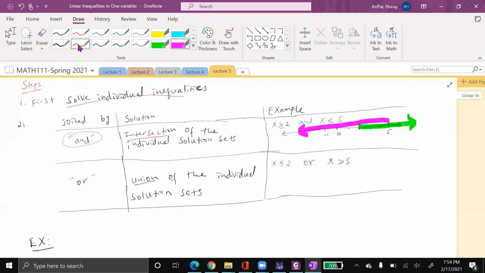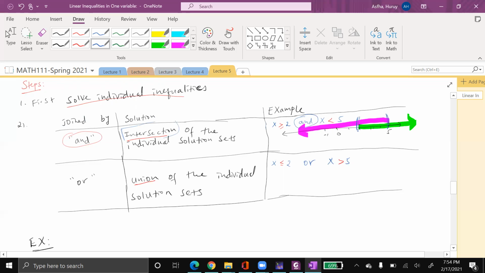Since this is an and, you take the intersection. Intersection means the interval where these two shades, or these two colors, intersect, and that area is this part.